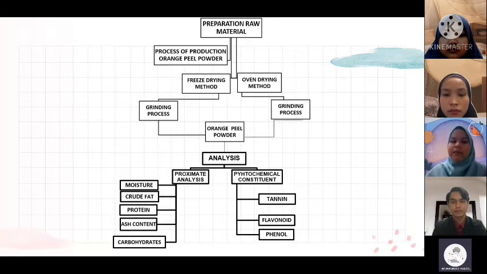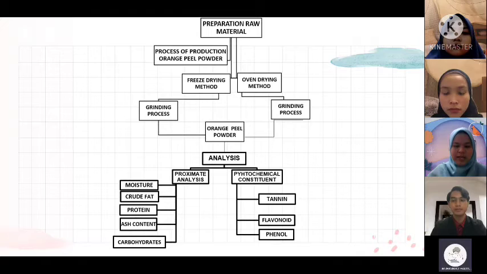Last but not least, the second analysis is to determine the tannin, flavonoids, and also phenol. For tannin, we use HPLC; flavonoids, the aluminium chloride colorimetric technique; and lastly phenol, the Folin-Ciocalteu assay.